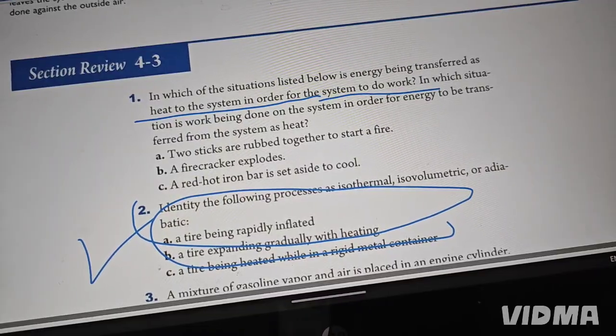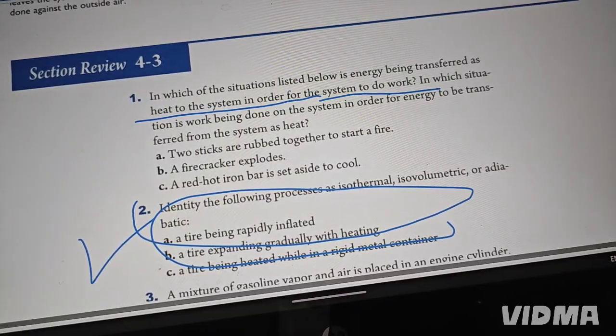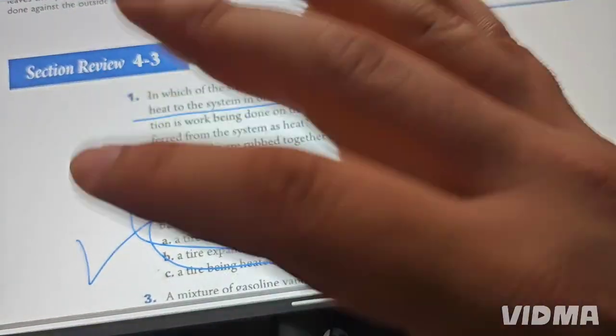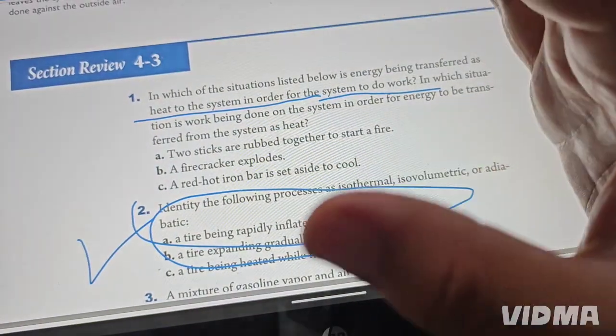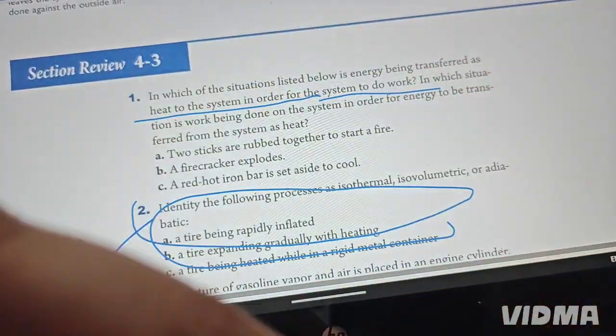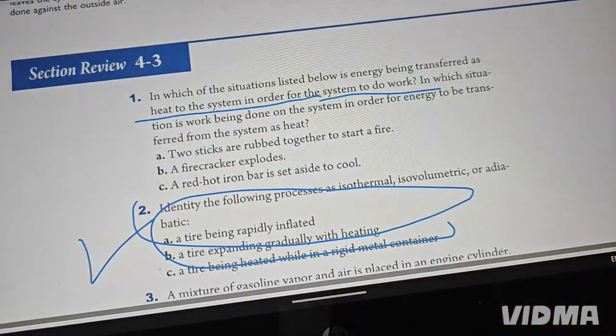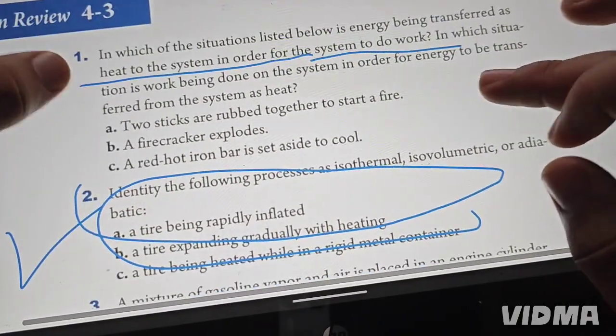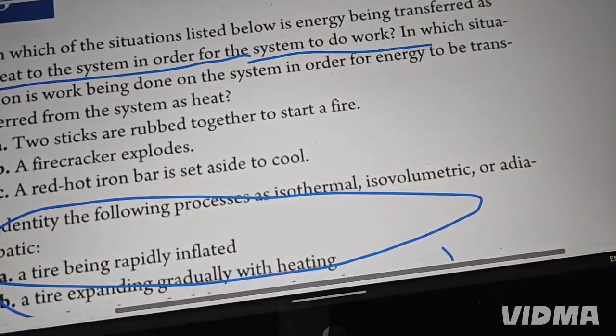In which one is work done first, then energy transferred, and in which is energy transferred first, then work done? Let me explain them one by one.